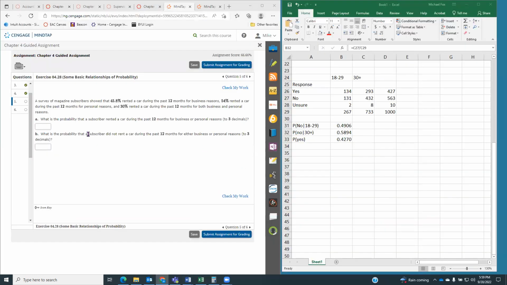What is the probability a subscriber rented a car during the last 12 months for business or personal reasons? So I'm going to say the probability of business is 0.458. And the probability of personal is 0.54. That should be a big P right there.